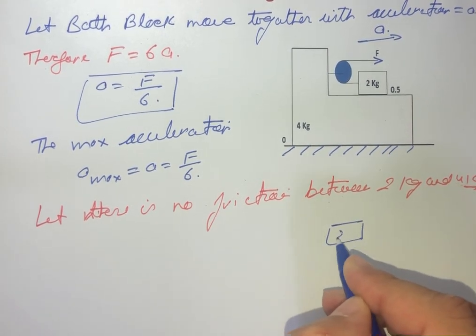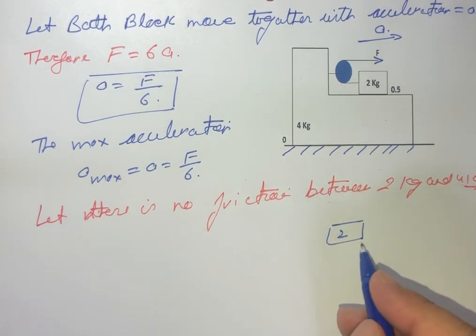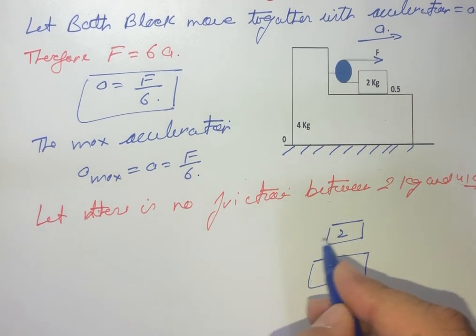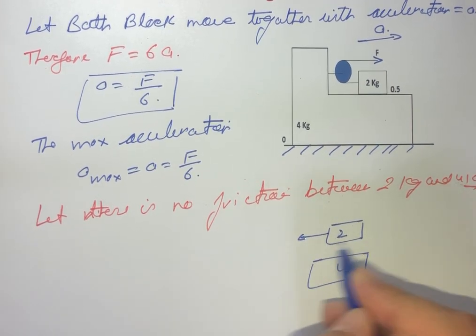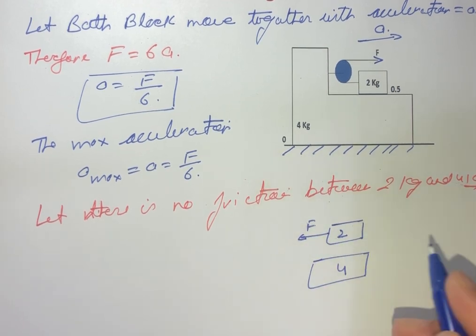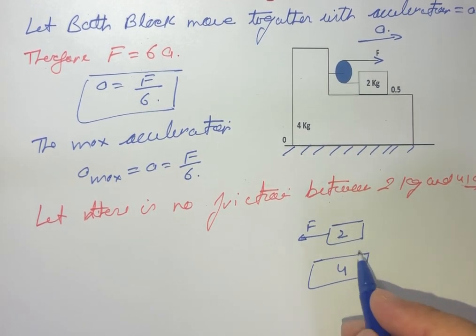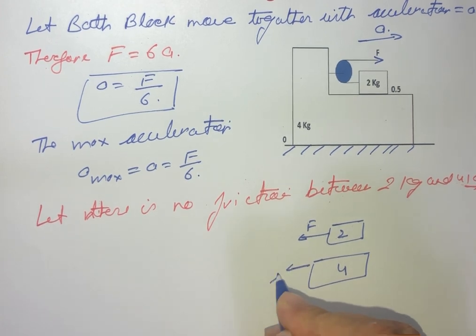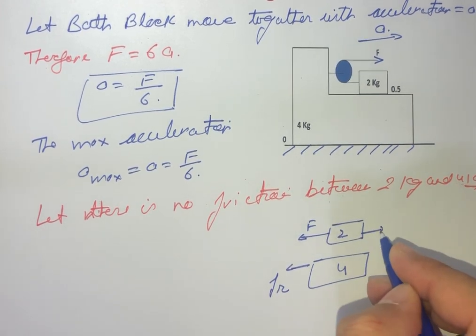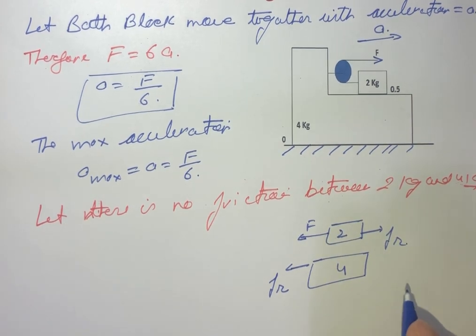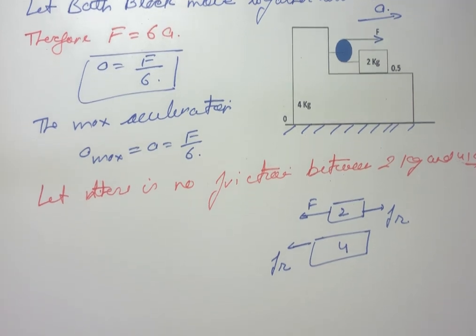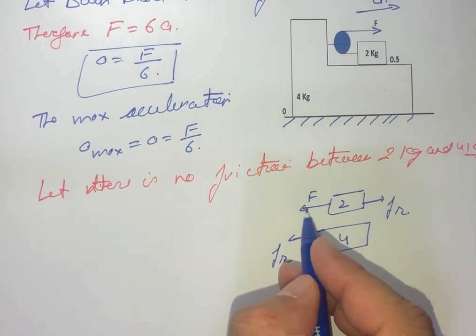We have our 2 kg and we have our 4 kg, and the 2 kg is connected to the string, so here the value will be F. Here tension is equal to force.